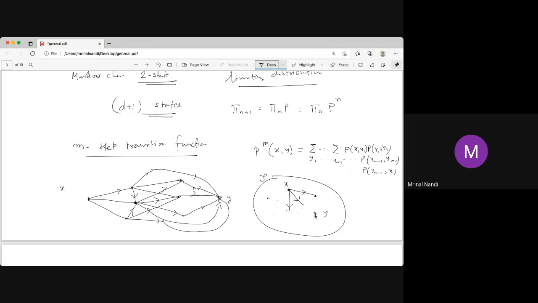We have to take all paths of length m, take the product of the transition probabilities at every step, which is the probability of each path, and then add over all such paths of length m which start from x and go to y.